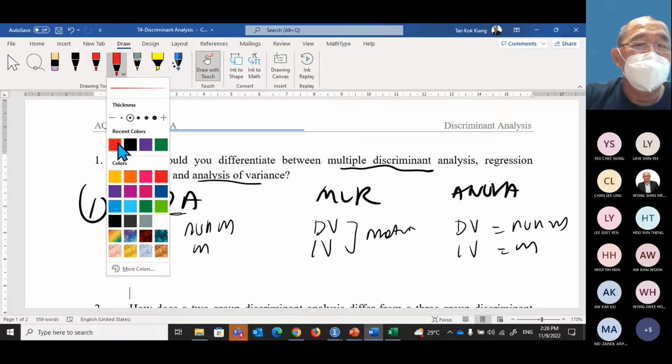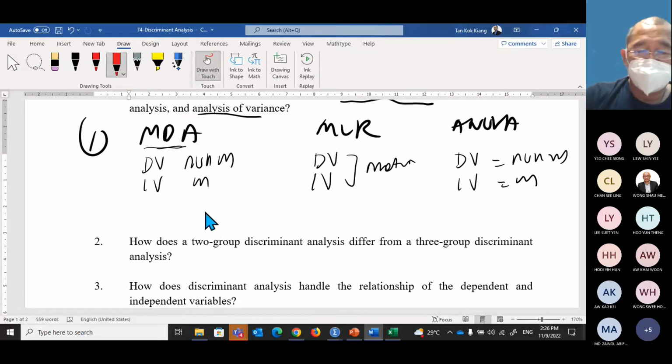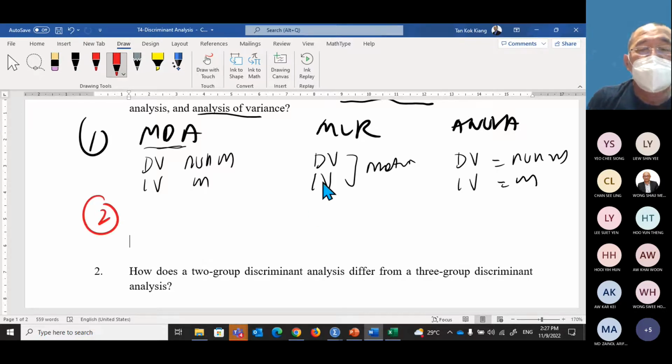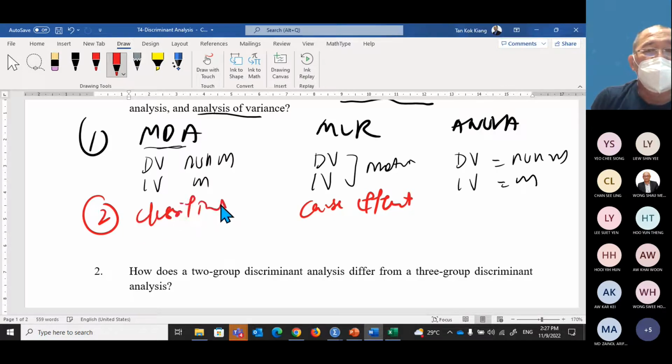Second thing, the objective will be different among these three. The objective of regression is cause and effect. MDA is more about classification. ANOVA is the between group effect.